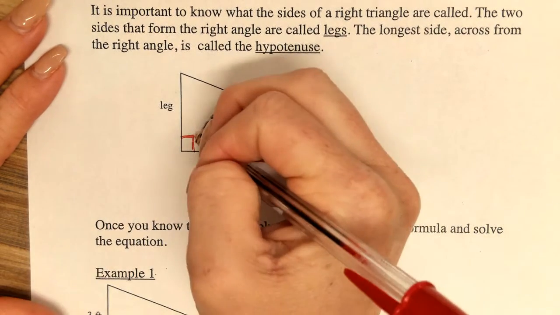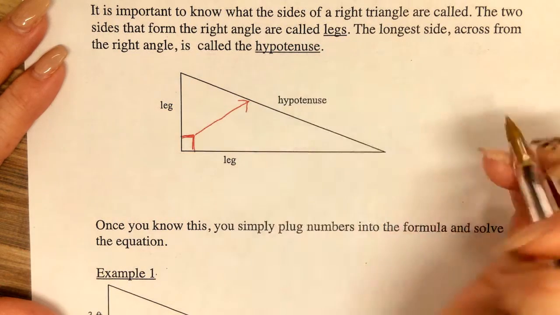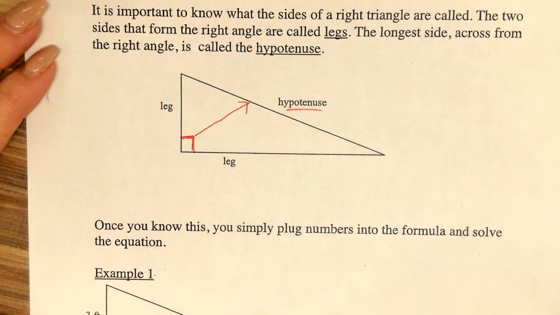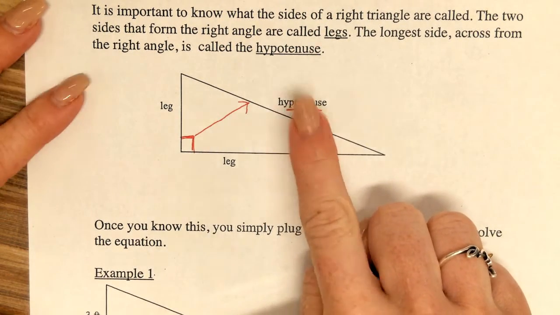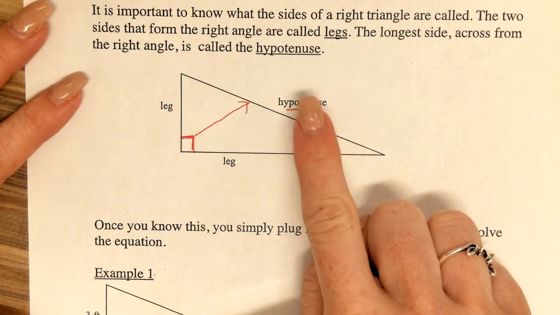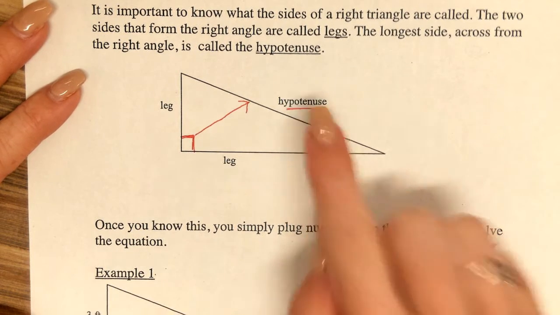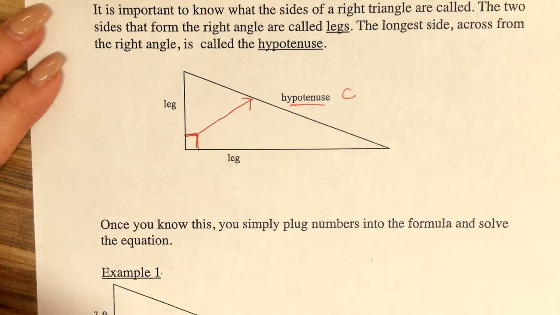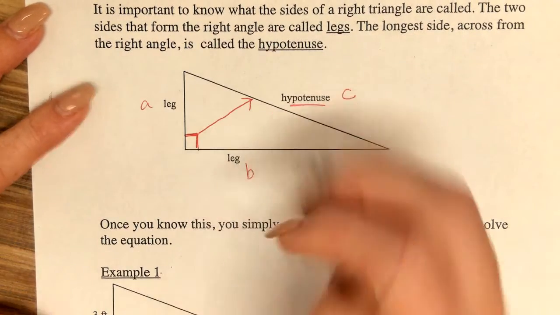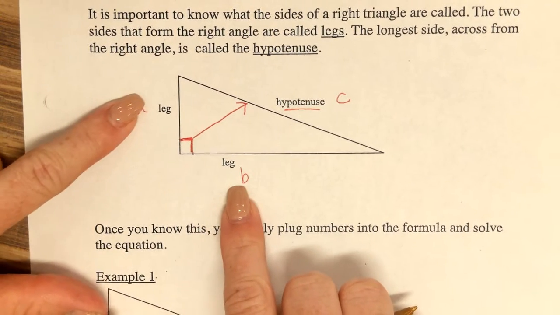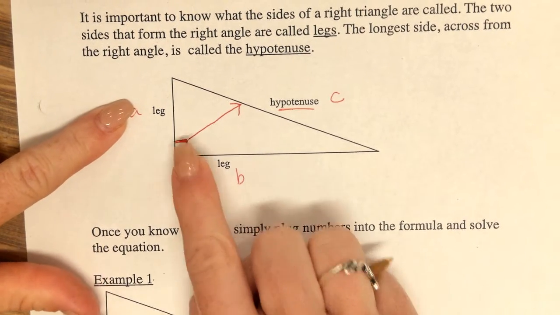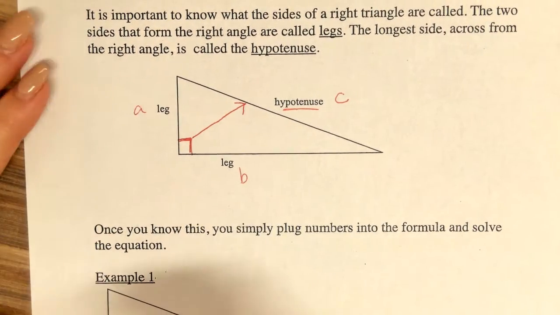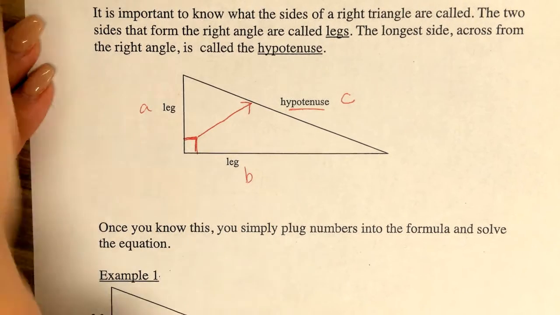The side across from that is called the what? Hypotenuse. And what side is that, A, B, or C? This has to be the C. And then this can be your A and B. And does it matter if you switch those around? No.